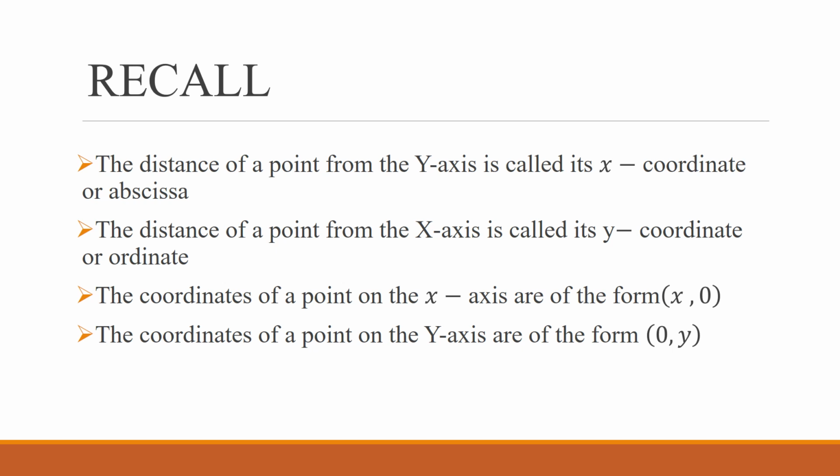We have also learnt about plotting of points in a plane when the coordinates are given. Also, we have seen that a linear equation in two variables when represented graphically gives a straight line.